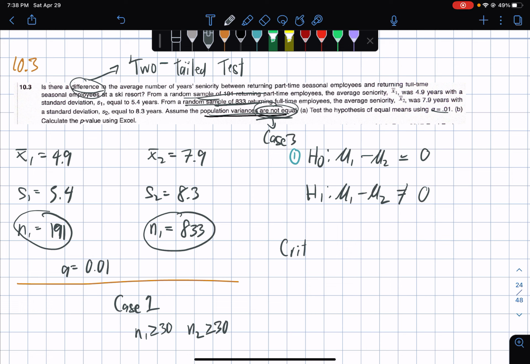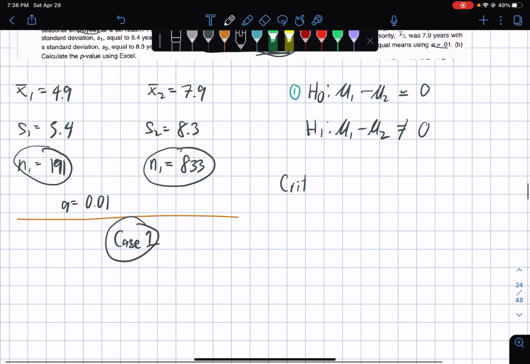So most likely this is case 1. I'm not sure though why the book stated that we have to assume population variances are not equal. Or maybe they're connected with each other. Maybe. But for now, that's not how I understand it. We know that n1 and n2 are greater than 30, so we use case 1.